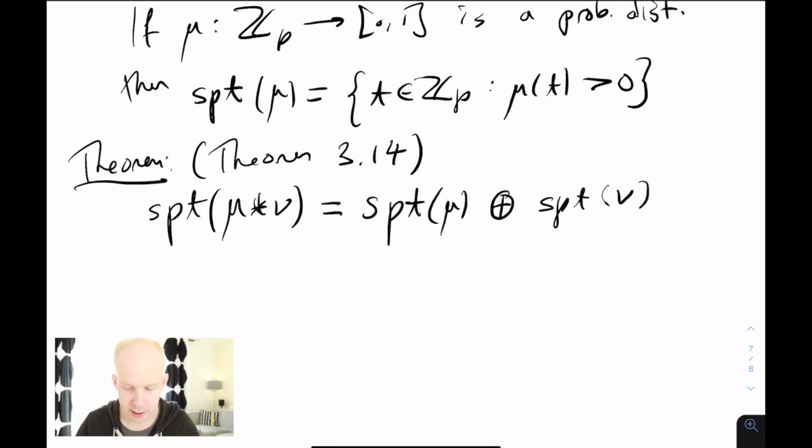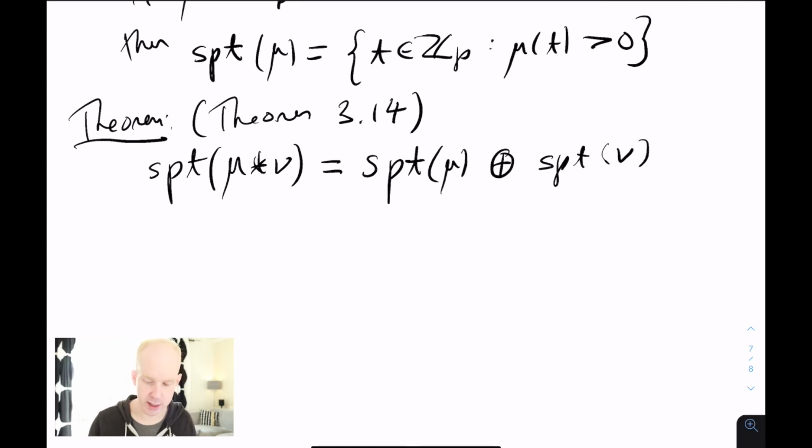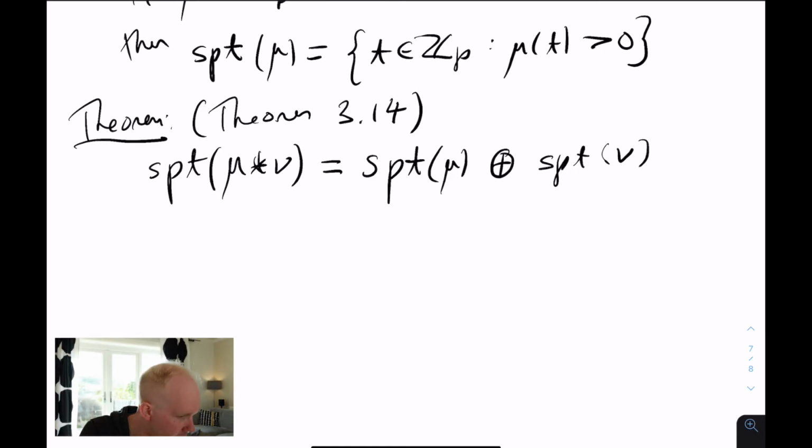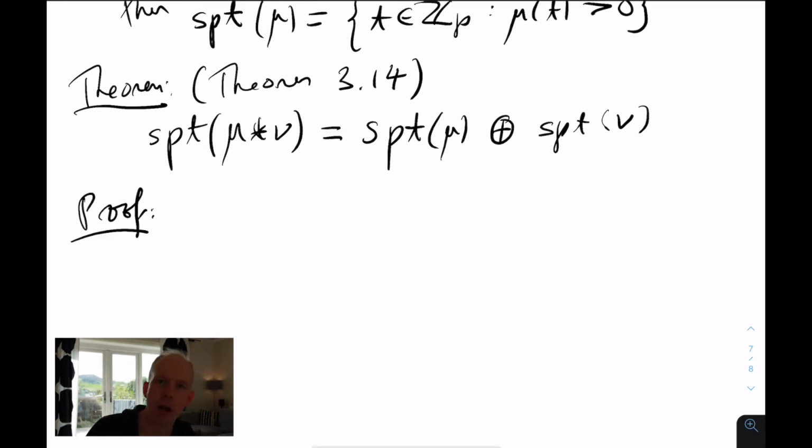It's just saying that if you take the support of the convolution, we see this sumset appearing. Let me see about the time. I think I could give a proof, because this is interesting, and you can see how this comes into play. So let's give a brief proof of this property.